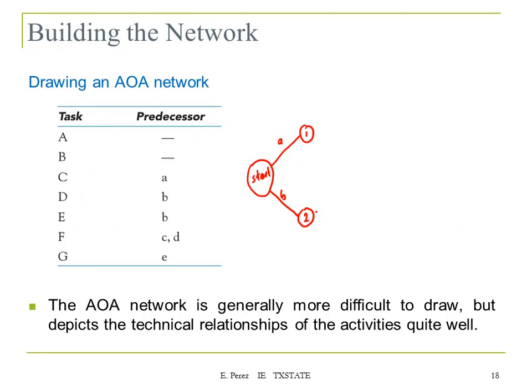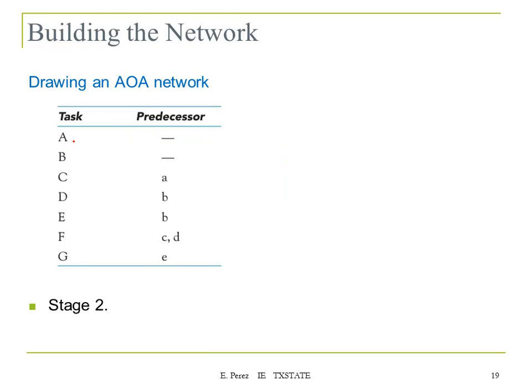So next, let me go to the next slide. So we have A and B. So stage number 2 has the same start. We have 1, we have 2.